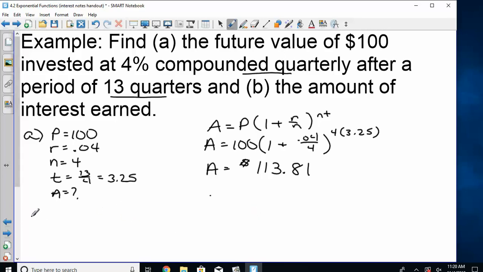Part B asked for the amount of interest you have earned. So what would that be? You started with $100, so if you take your final amount and subtract the 100, you get $13.81 interest. Is that one okay?